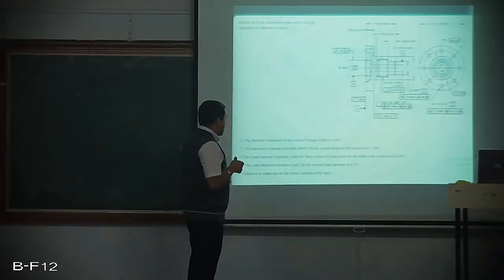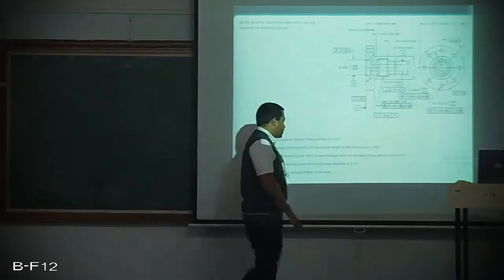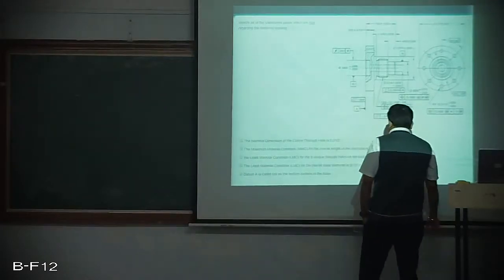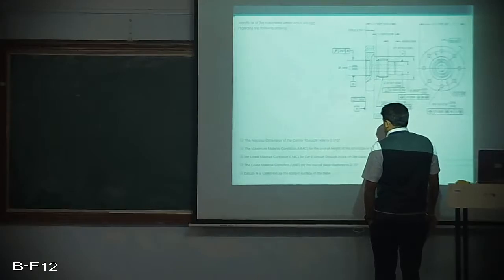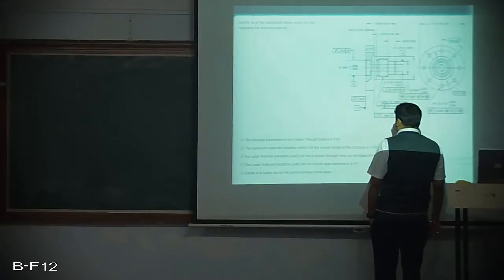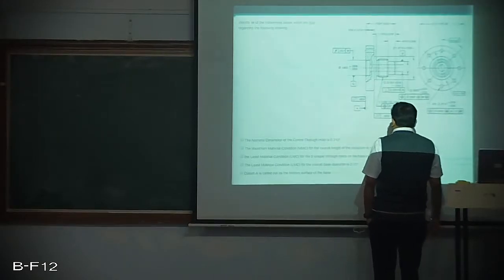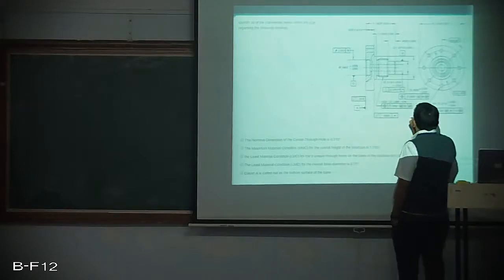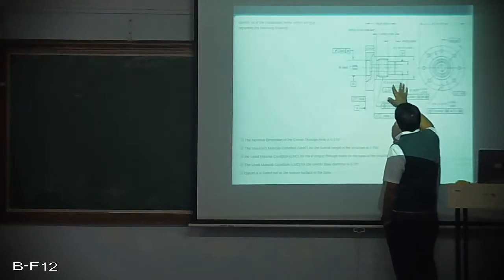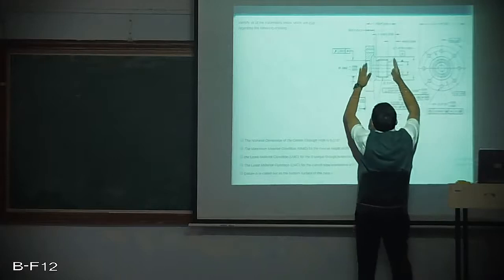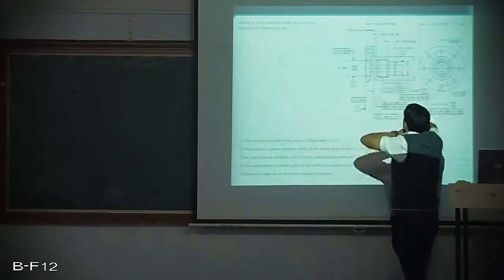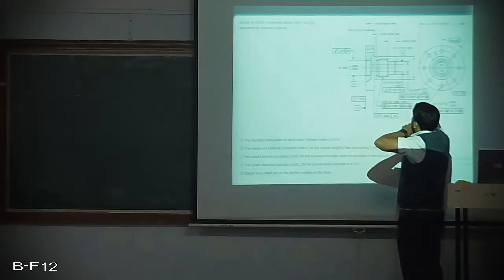Second, the maximum material condition for the overall height of the structure is 1.755 inch. The height is given as 1.750 plus or minus 0.005.